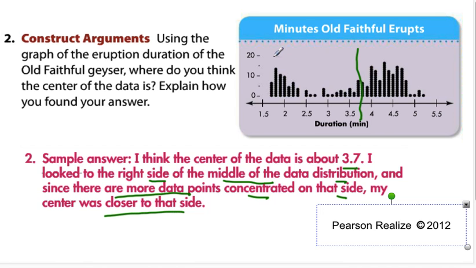So it's kind of neat because even though this is not physically centered with the overall spread, you can see that most of the data is right here, so the center of the data would fall right about there. Okay, and that's why you'd want to pick it at about 3 and 7/10. Alright?